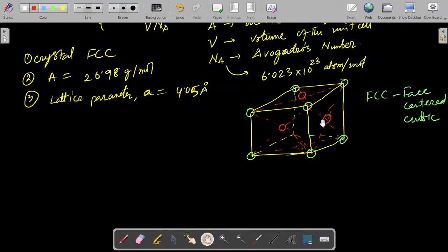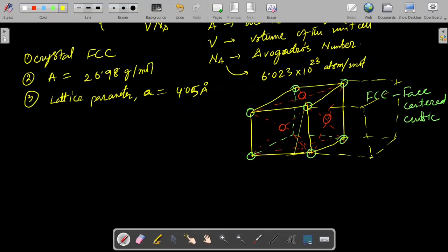Why? Because these atoms are shared by the unit cells which are next to it. Let's say these are the unit cells next to it, right? So this unit cell, which is on the right hand side of this unit cell, is also sharing these atoms.